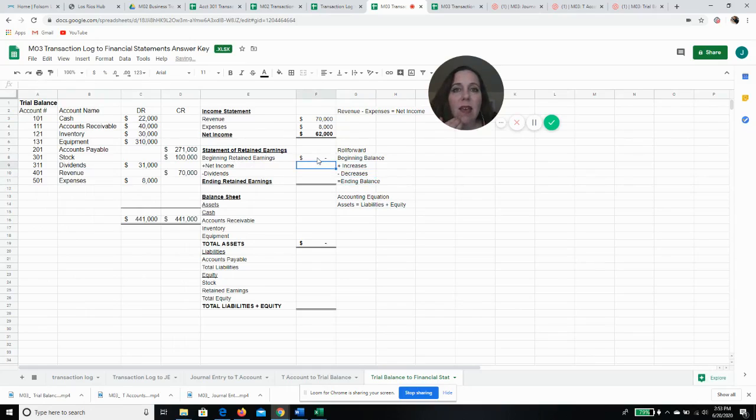How do I know that? First of all, I'm telling you, this was our first year of operation, and you wouldn't have any retained earnings until at the end of your first year of operations. Also, if I had retained earnings, they would be in my trial balance. They would be probably between dividends and revenue. Okay, so I would see them there if I had a beginning retained earnings. I don't, so I'm going to put that as 0.